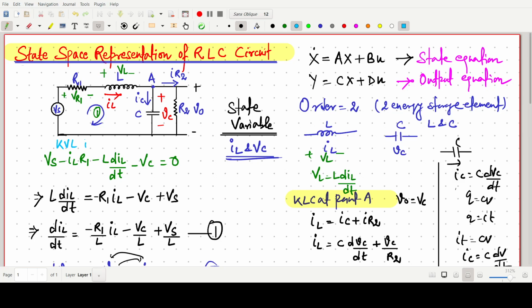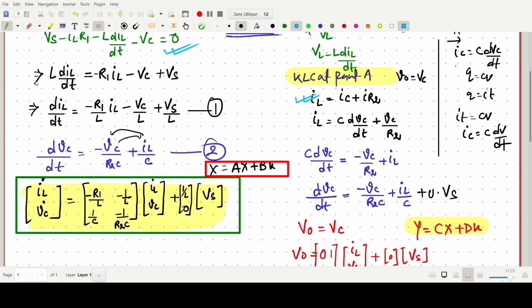KVL in loop 1, if you apply KVL in loop 1, we can write this equation, and KCL at this point. But every time remember, for the inductor, IL is the state variable. For capacitor, you write VC, either incorporate this and write the two differential equations. So two differential equations will automatically come.